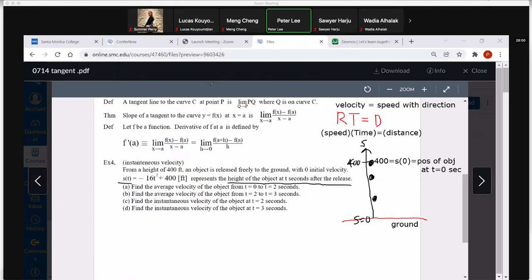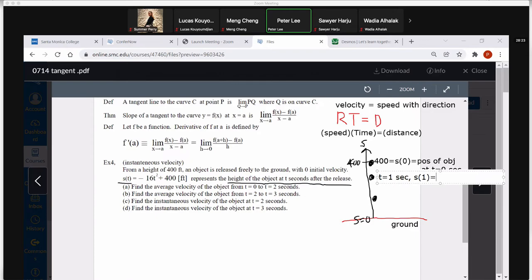So now the question is, what happens when t equals 1 second? What is s of 1? When you plug in t equals 1 into the function, we get s at t equals 1.